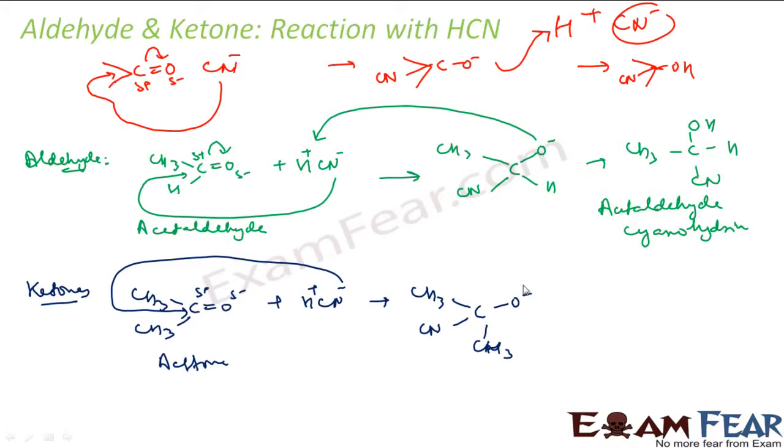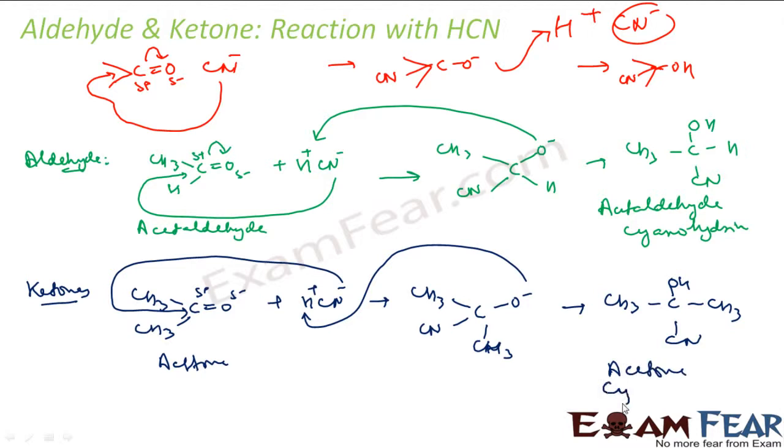And this oxygen will now attack this H plus. So what you get is CH3, C(OH), CH3 and CN. We call it acetone cyanohydrin. And please note, this HCN is dangerous to work with. So please be careful when you are working with this in the lab. So this is the typical reaction of acetone and aldehyde with HCN.